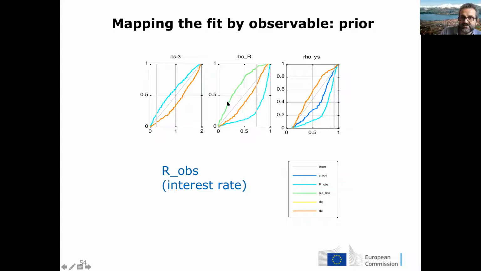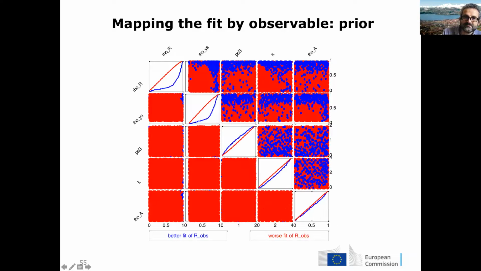So if you're desperate and you want to marginally improve the fit of the interest rate, whatever happens to the other variables, you lower ψ3 a bit, increase ρR, and increase ρ_iS, and then I expect that the fit of the interest rate improves, but maybe completely screwing up the rest. But that's what it says in this plot.